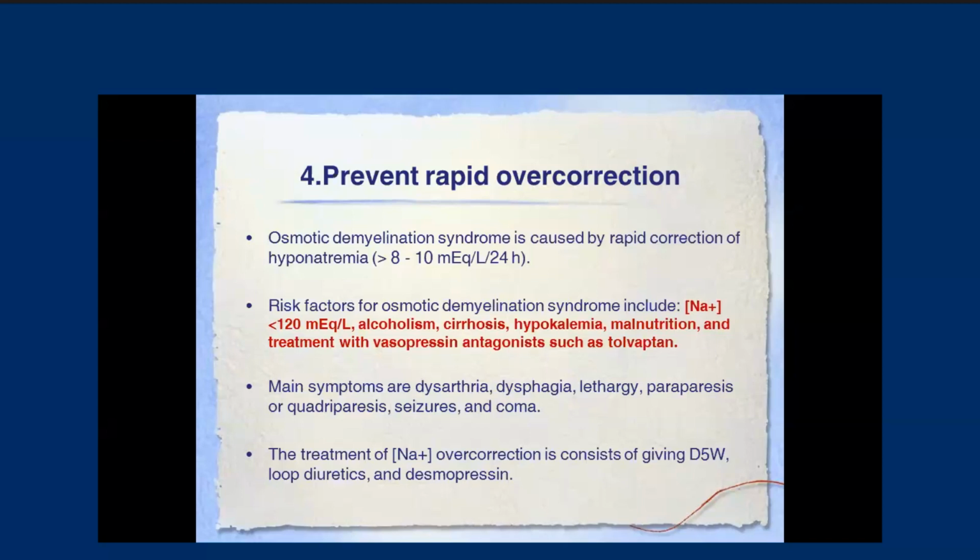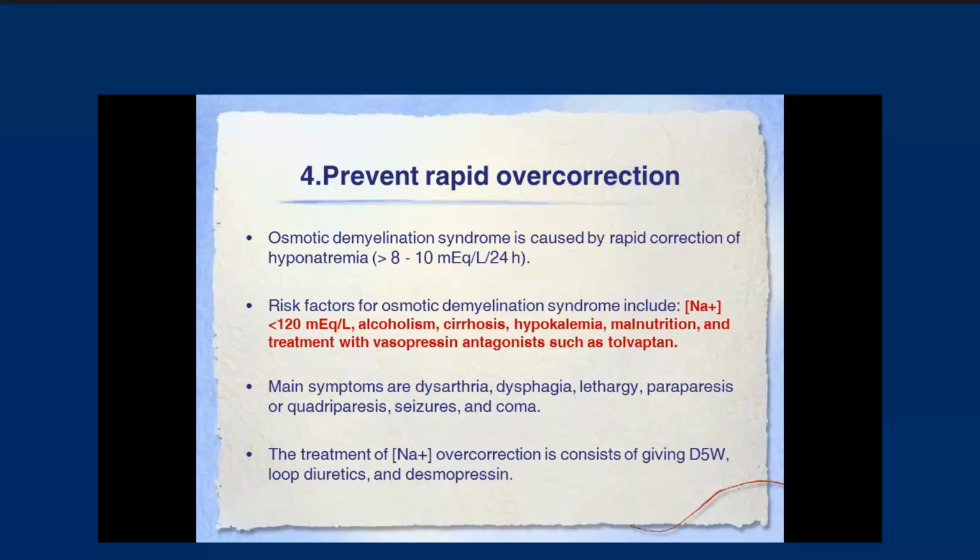So risk factors for osmotic demyelinating syndrome are if the hyponatremia is a severe one, less than 120, and in those asymptomatic patients, if the serum sodium is less than 110. In those patients with a sodium level of greater than 120, we don't usually expect osmotic demyelinating syndrome. The other is an easily reversible cause of hyponatremia, like hypovolemia and adrenal insufficiency.